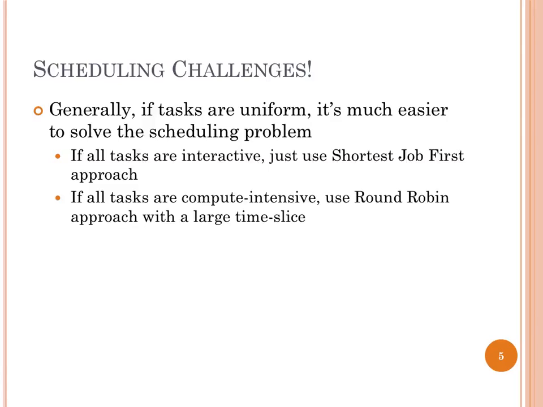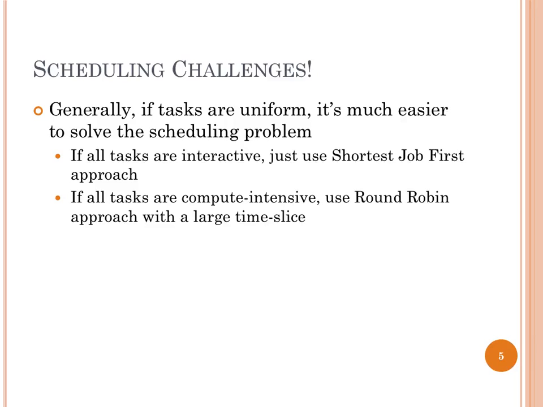If we have a situation where all the various concurrent things going on have the same general behavior, like they're all I/O intensive or they're all compute intensive, then it becomes a lot easier to design a scheduler. If I had a system that was just doing batch processing, so I know that most things are going to be compute intensive, but every once in a while they'll need to do I/O, it's really easy to design a system that does that.